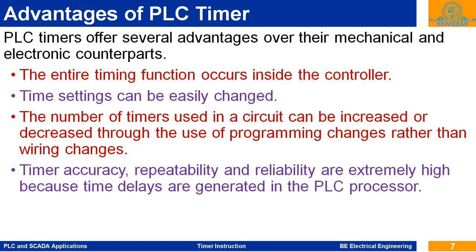Just from the output of the PLC, you can connect the contactor coils or the lamp outputs. There is no need to rewire again. It can be done in the ladder program.